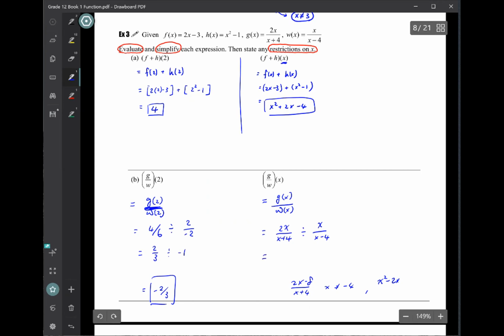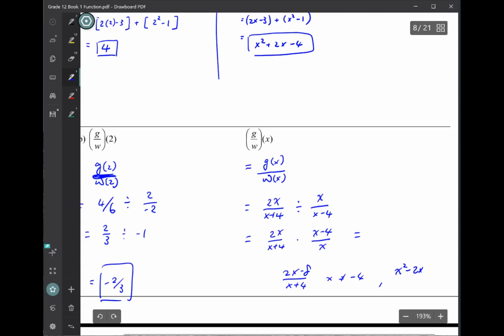So you have to flip the second fraction: you get 2x over x plus 4 times x minus 4 over x. Now simplify this, which one can be reduced? X, yes, very good. So x on the top here and here. Anything else we can reduce? No more. So we just write it out. It will be 2 times x minus 4 over x plus 4.